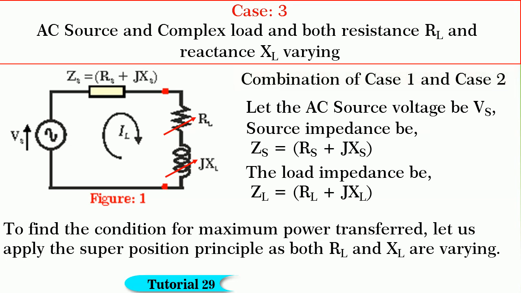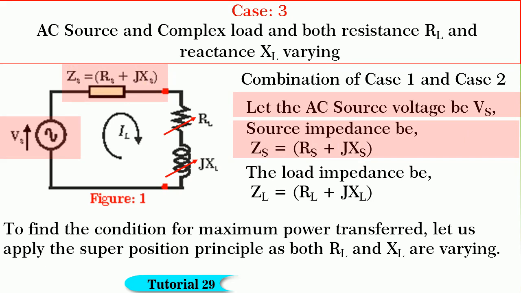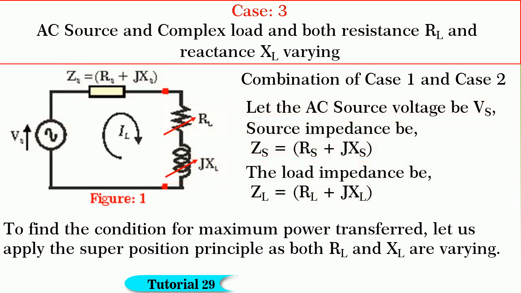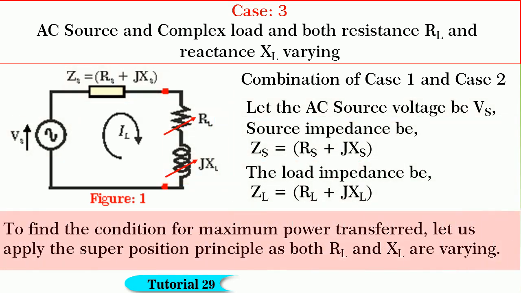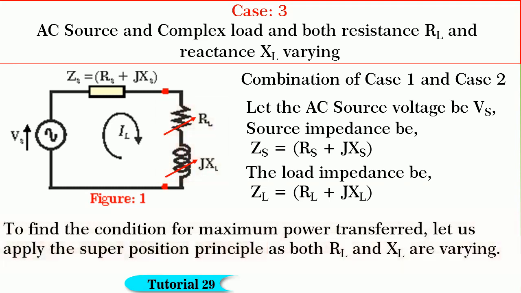So, as usual, let AC source voltage be Vs and source impedance be Zs equal to Rs plus jXs, and the load impedance ZL equal to RL plus jXL. In this case, to find the condition for maximum power transferred, we have to apply the superposition principle as both RL and XL are varying.